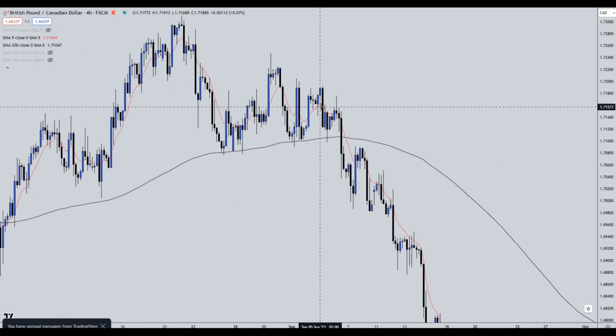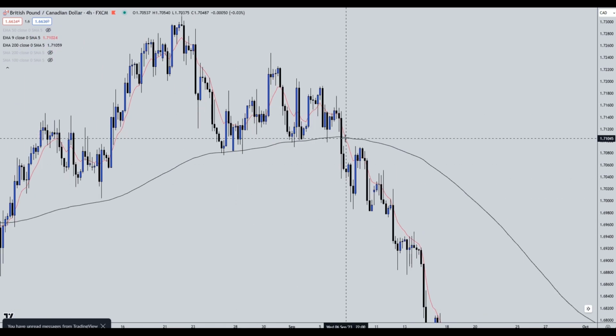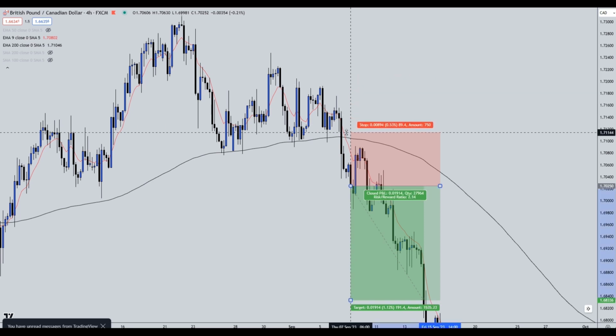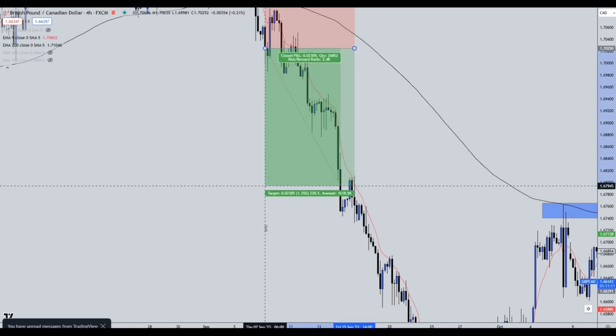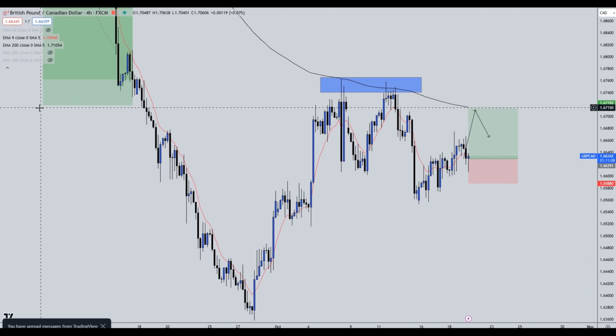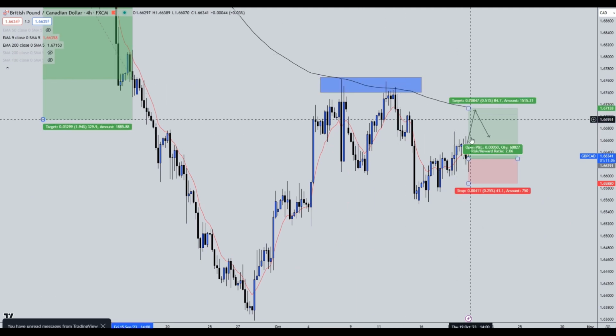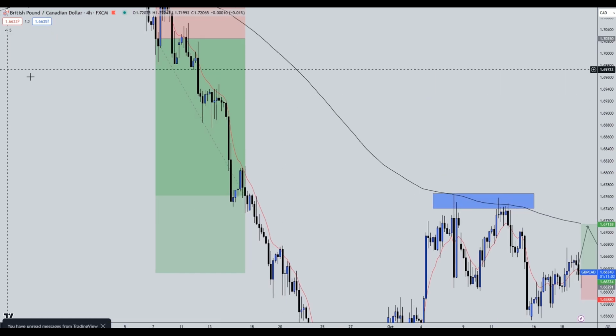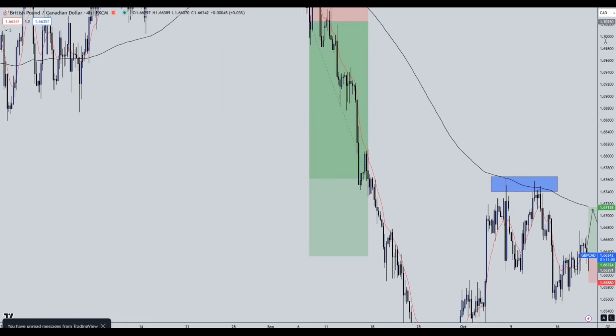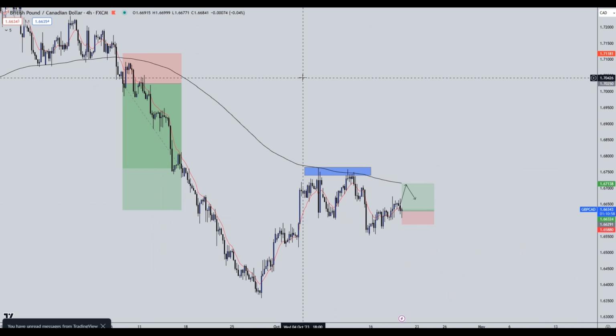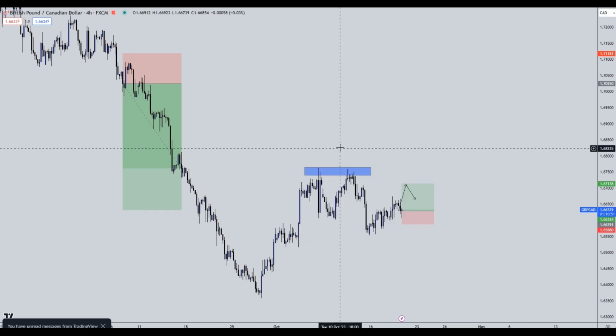So for example, in a scenario like this, price breaks down at this point here. So you could say, you know what, I'm maybe selling after this, stop above the high or above the EMA, whatever you want to do, and then you could hold it until price was to cross again. It hasn't crossed yet, so that's absolutely fine. So you'd potentially still be in the trade. So you've just got to play around with the numbers on the EMAs and what you're happy with. Me personally, I will always stick to the 50, 100 and 200, but those are the multiple ways you can use it.